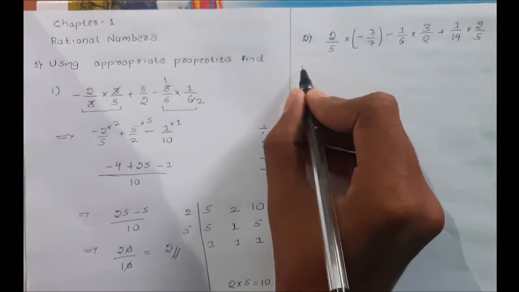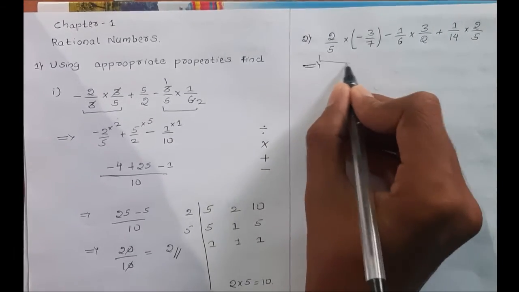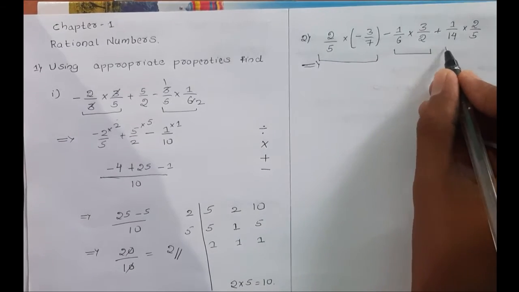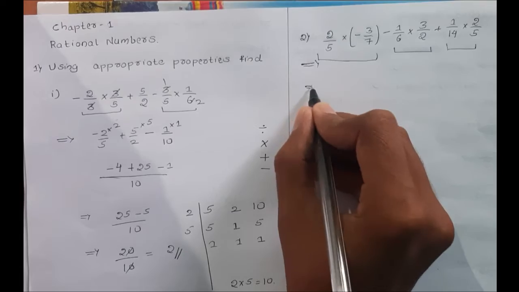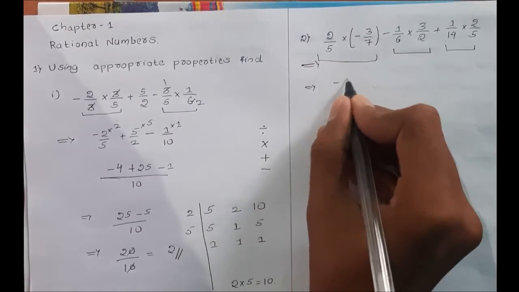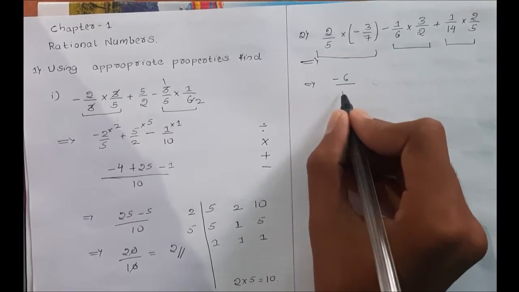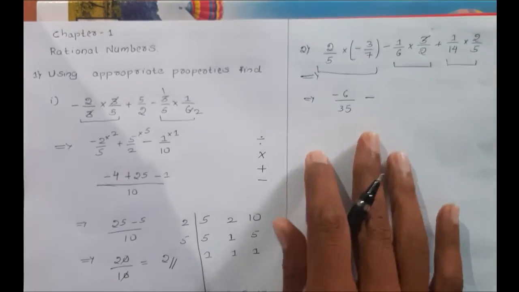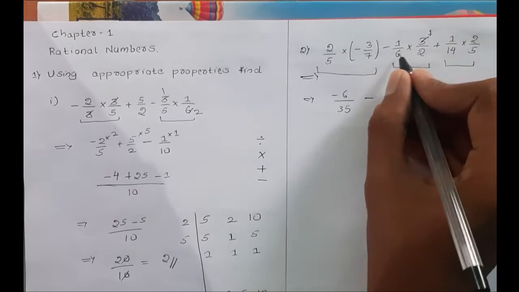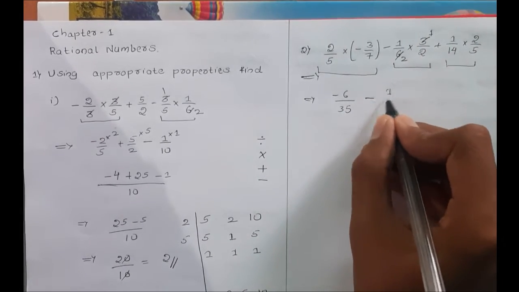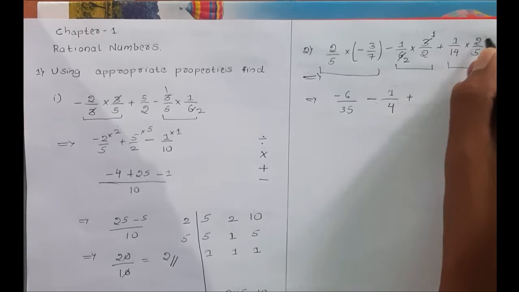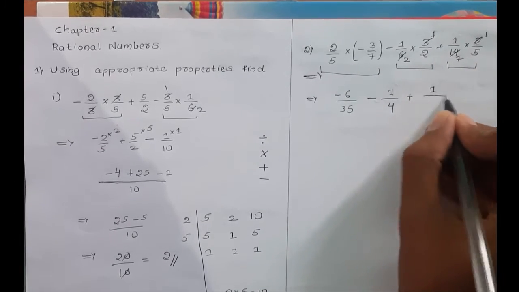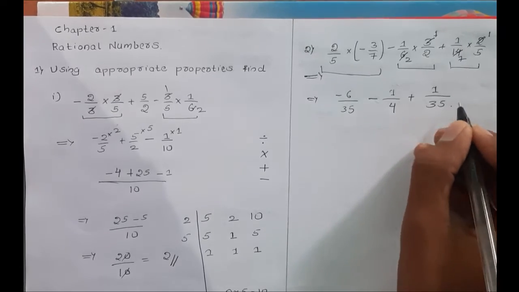Here we make a first multiplication, here, then here, then here. 2 into 3 minus 6, 7 5s are 35, minus 3 ones are 3, twos are minus 1 by 4 plus 2 ones are 2, sevens are 1 by 35.